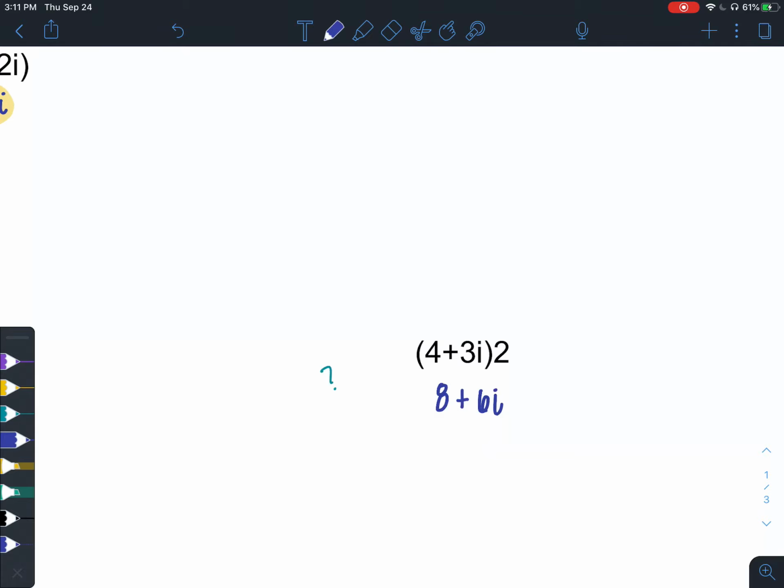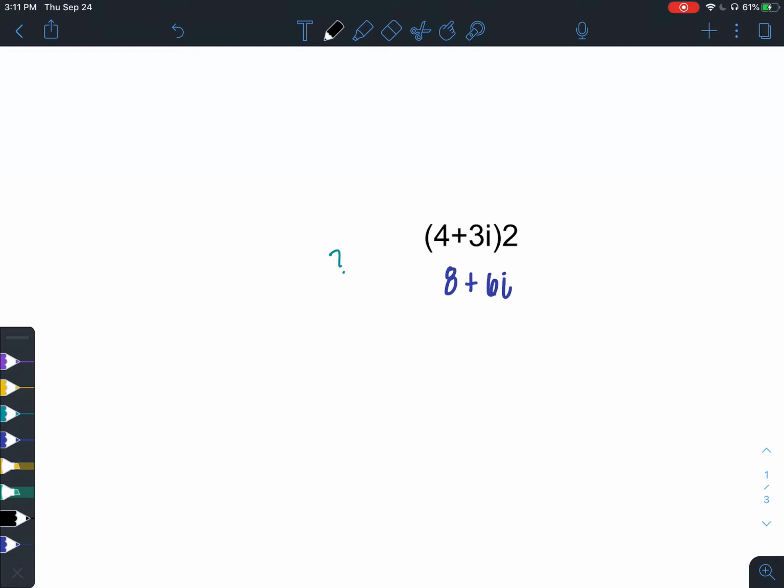Let's actually make a little bit harder of a problem. So there's that answer to that one. Let's go ahead and do 4 plus 3i squared. So the way we would do that is we would want to split this up. So we'd have 4 plus 3i times 4 plus 3i. So then we have to distribute that through.